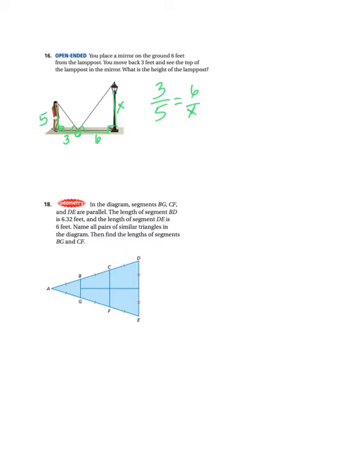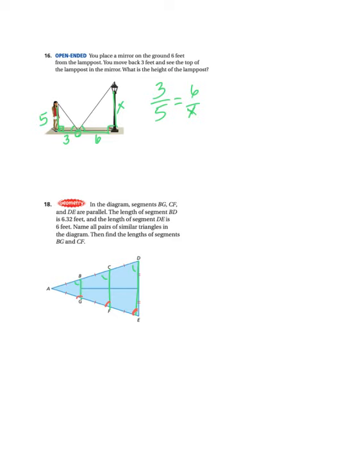All right, and then this last problem, we have this diagram, and it tells us that the segments BG, CF, and DE are all parallel. So that's going to help us see that some of these angles, like angle CDE and angle BCF and angle ABG, would all be the same. And same thing on the other side, angle DEF and angle CFG and angle BGA would all be congruent as well.